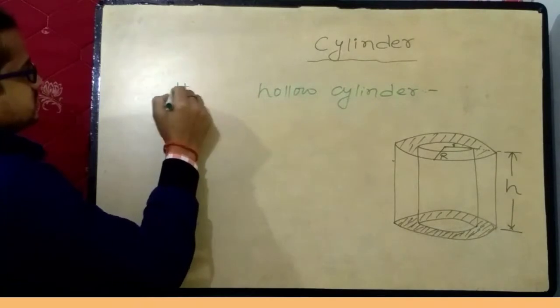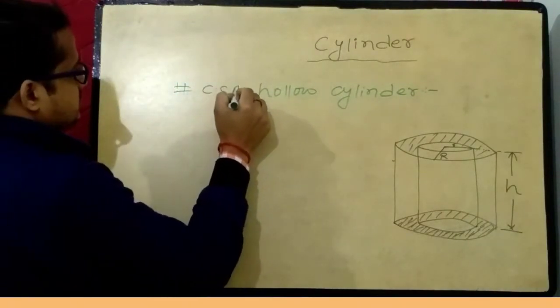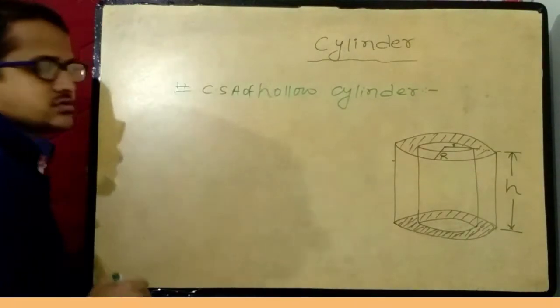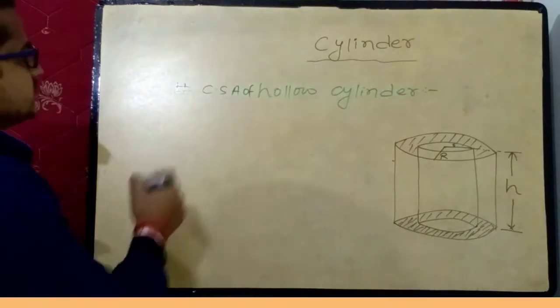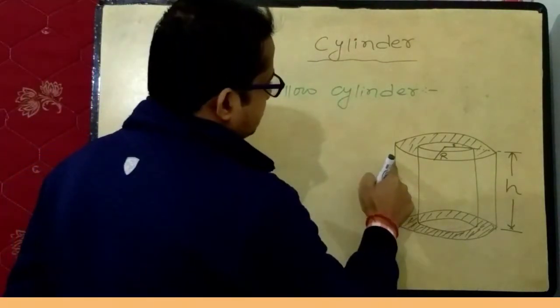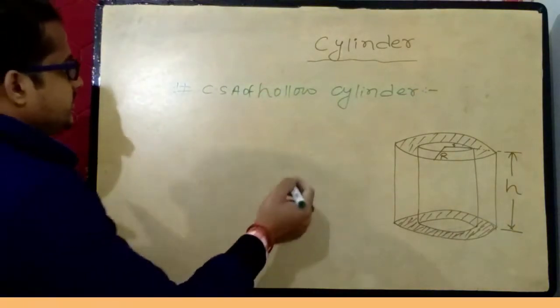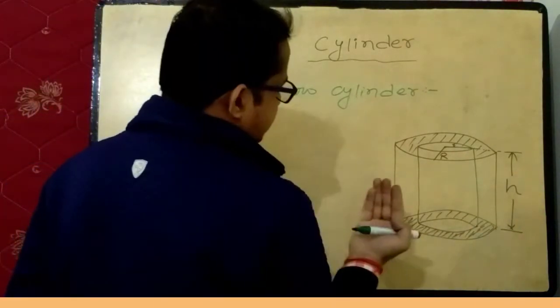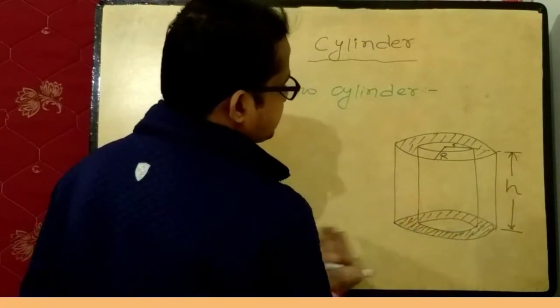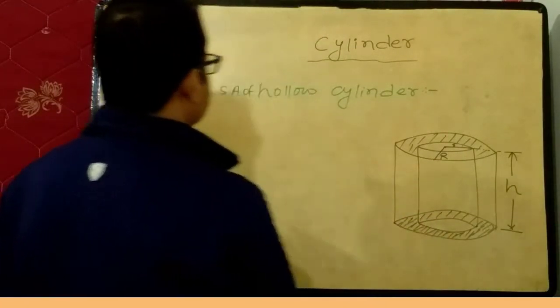Next topic is CSA of hollow cylinder. In order to calculate the CSA of a hollow cylinder, there are two CSA. First is outer CSA and second is inner CSA.